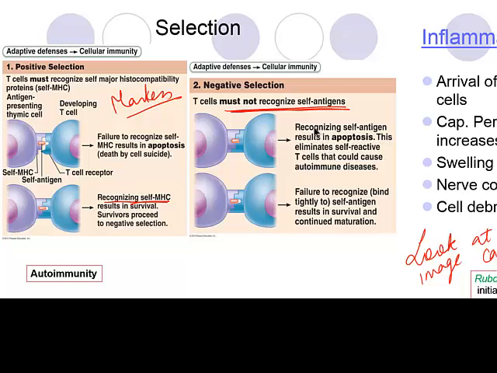It's not being tolerant towards them. How autoimmunity happens is either some of these cells did not die, so they weren't removed, or probably due to some genetic mutation in the DNA, or environmental pollutants or something like that. Something changed. So now your own body cells think of your self-antigens as foreign and begin to react against them. That's how autoimmunity happens, okay?